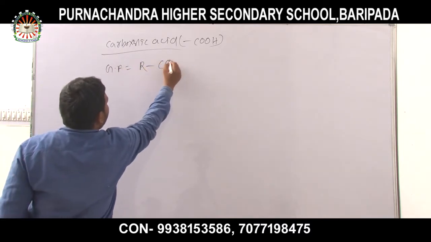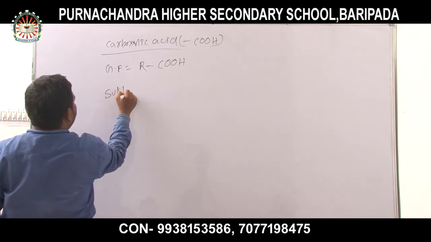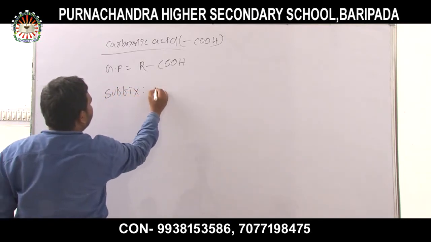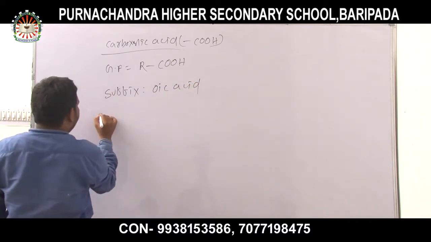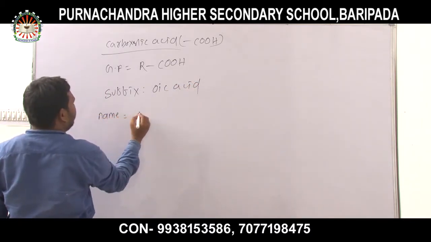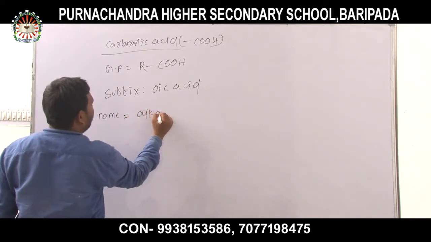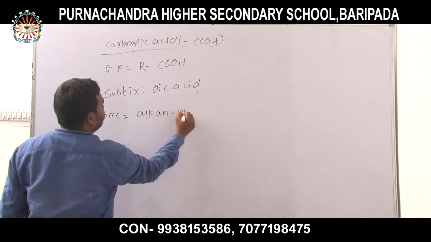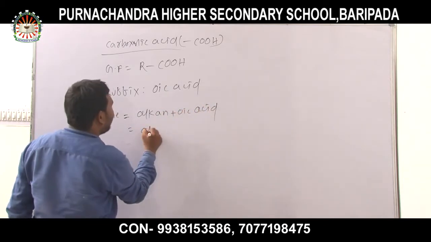The general formula is RCOOH, with the suffix "oic acid". Its name is alkane plus oic, that is alkanoic acid.